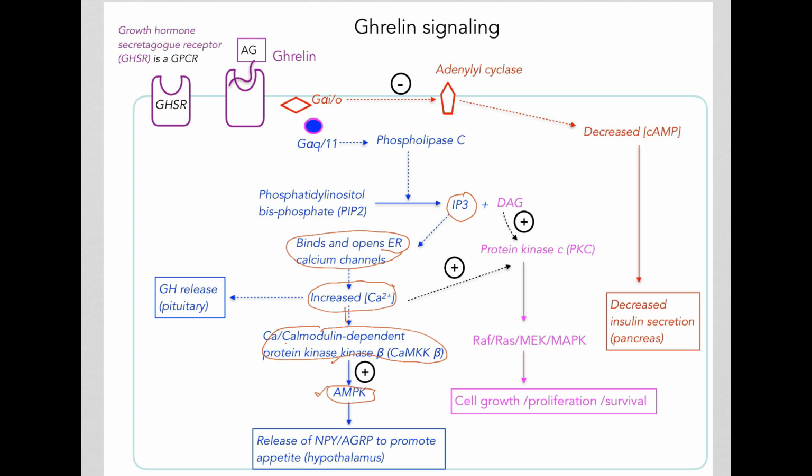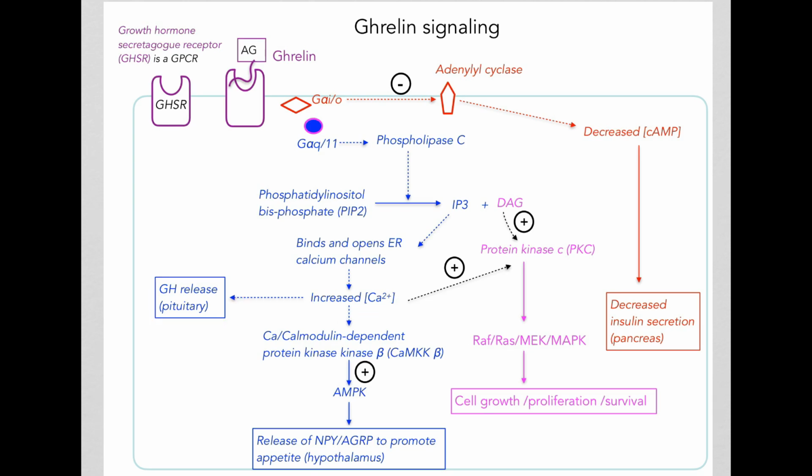And when AMPK is activated, that will cause the hypothalamus to release the appetite chemicals NPY, AGRP, and that will increase our appetite. In case of the pituitary cells, the increased calcium will lead to the release of growth hormone by the pituitary gland.